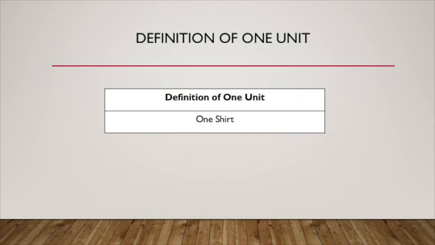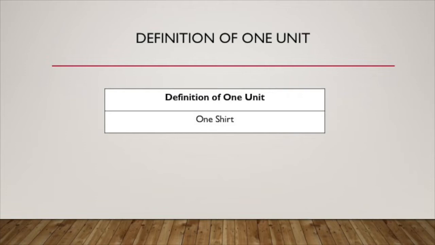It could be lots of different things. If you were a restaurant, one burger, right? Or one Happy Meal. Those each are different units, right? They're sold as one unit. So figure out the one item you are going to sell, and you might want to pause for a second and write that down on a piece of paper. What's the one thing I am going to sell?